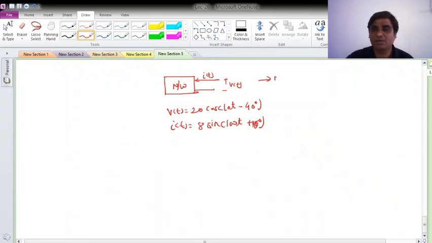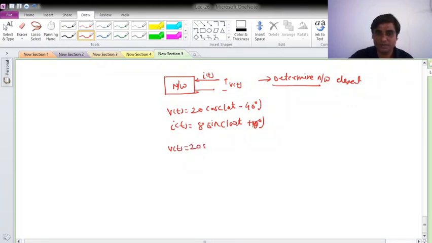Determine the network element. How can you compute that? Before going ahead, convert one of them into the same form. Suppose I convert cosine into sine, so this will be 20 sine of 100t plus 50 degrees. So that has been converted into sine. There is as such no rule, you can also convert it into cosine. The current is 8 sine of 100t plus 10 degrees.